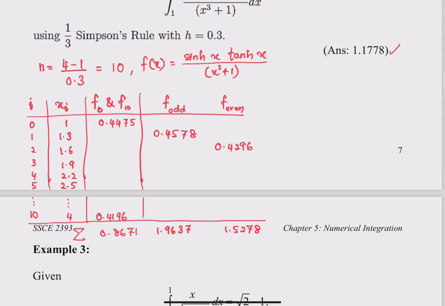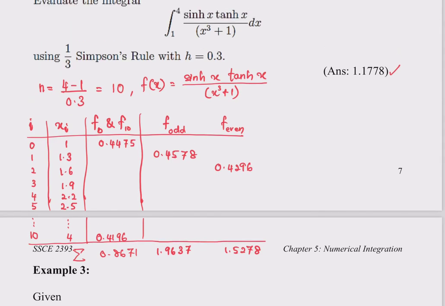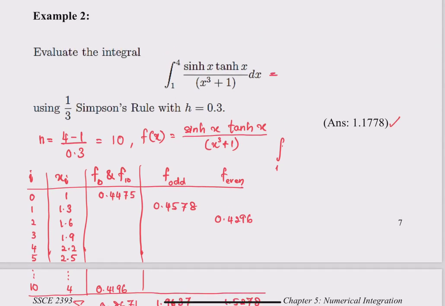And after that, if you substitute into the composite formula to evaluate, you will get the integration of that one. Or maybe I should write here, integrate from 1 to 4 of sin x tanh x divided by x cubed plus 3 by using the 1/3 Simpson rule.